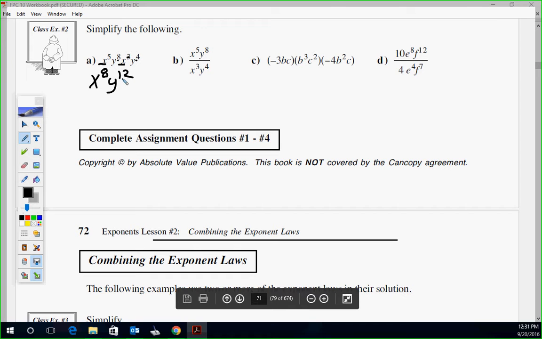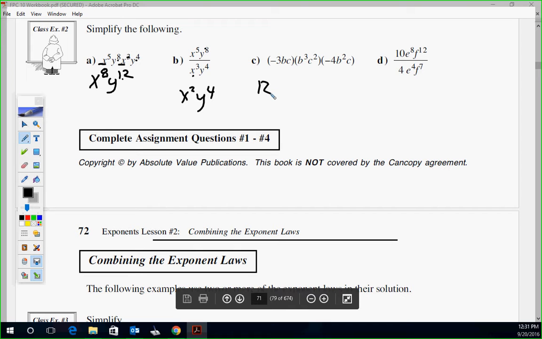Good. So Andy, how about B? Good: x2 y4, same thing. x over x, y over y. 5 minus 3 is 2, 8 minus 4 is 4. Perfect. Travis? 12 b6 c4. 12 comes from the negative times the negative, that's positive 12.